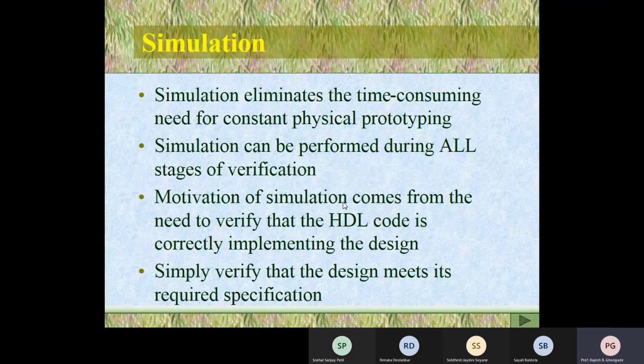As a design engineer, you have to write the specifications. Writing them is very important, because if you misinterpret what the customer is saying, your specifications will be wrong and your entire design may go wrong. All right. So specification is a very important thing, and whether your circuit meets the specifications or not will be very easy for you to verify if you use simulation.